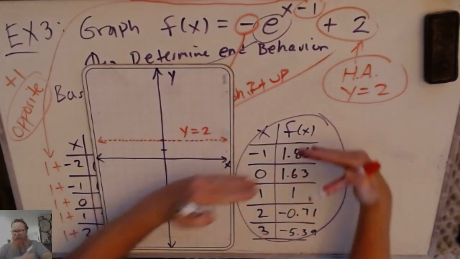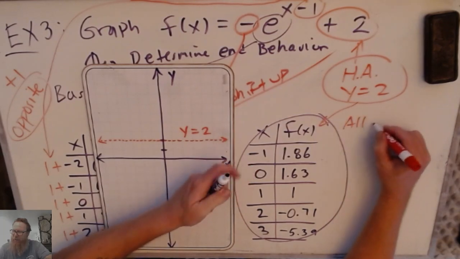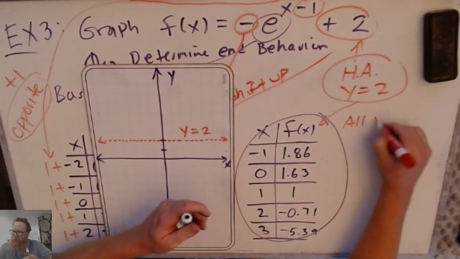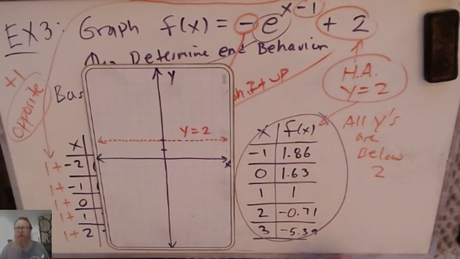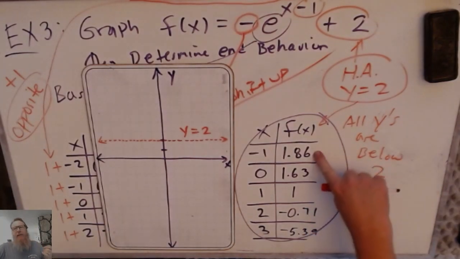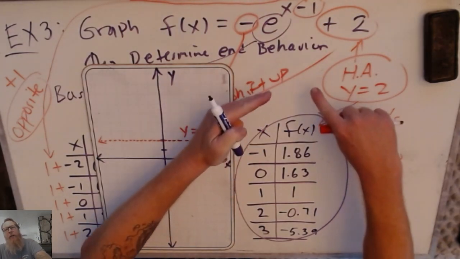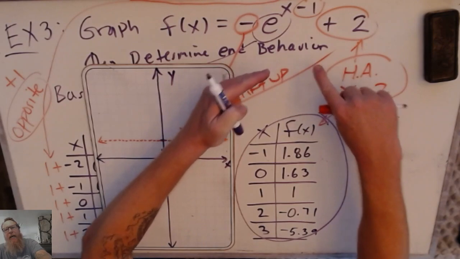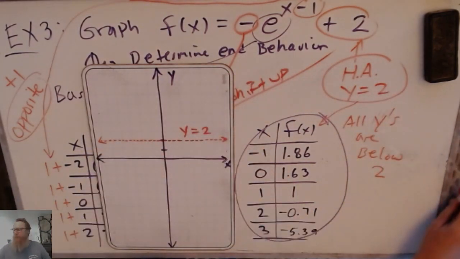That's the ceiling. Notice all the y's are below 2. 1.86, if you were to keep going, you'd get 1.9 and 1.95 and 1.955 and 1.999, and they would all be less than 2. So everybody is below 2.